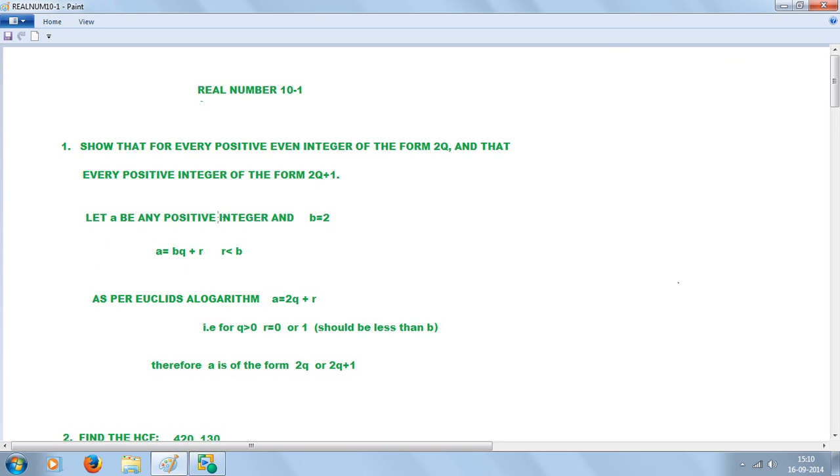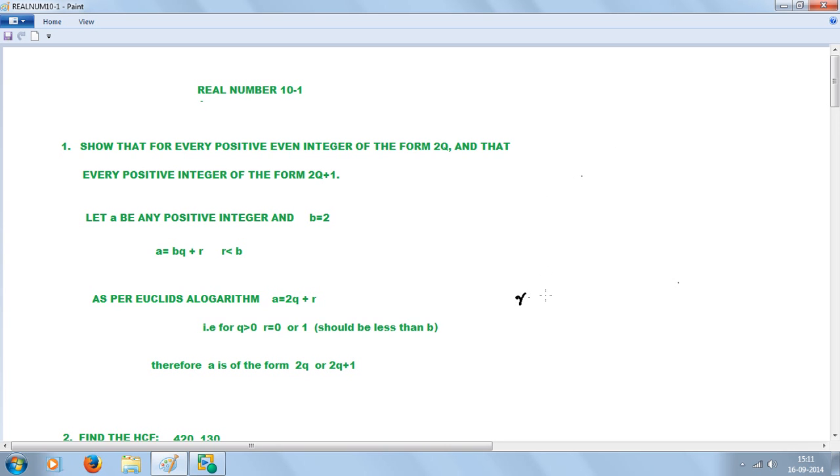Let a be any positive integer and b equal to 2. So a is equal to bq plus r, where r is less than b. We'll apply Euclid's algorithm. So what can a be?